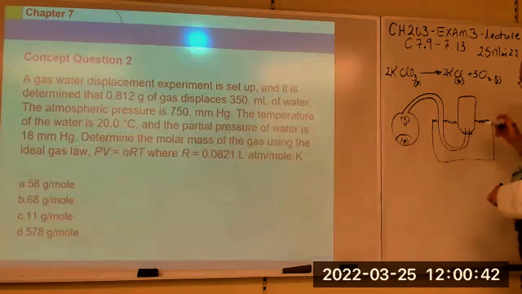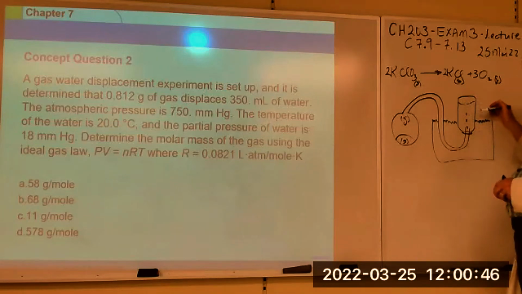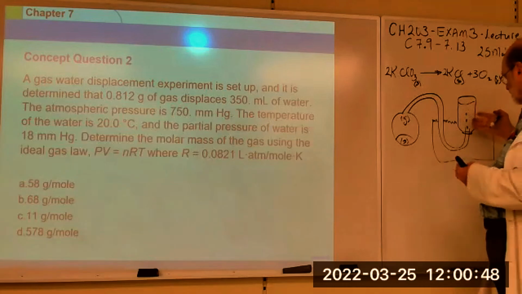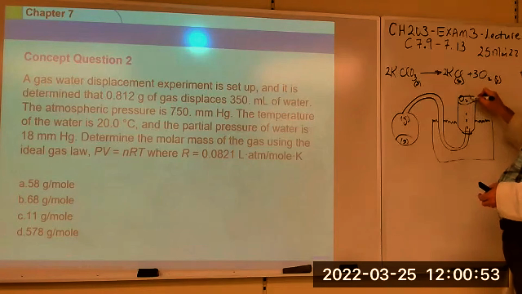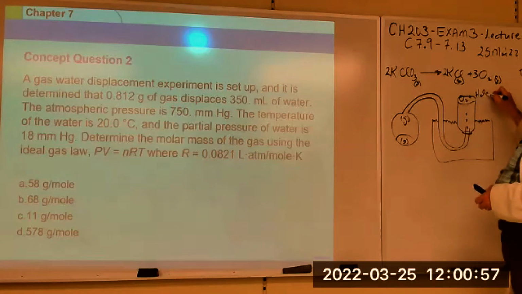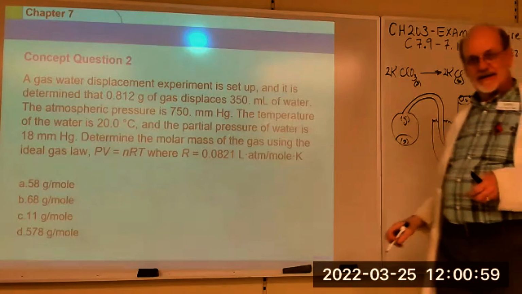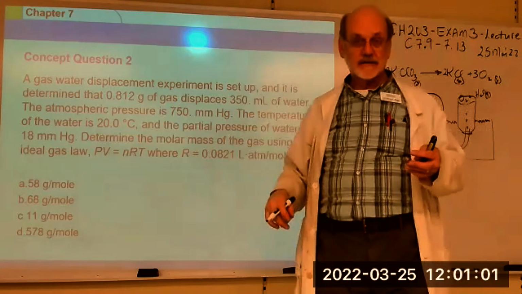So as the bubbles form in here, they collect at the top and displace the water. So now you've got oxygen up here, plus what? Water vapor. How are you going to deal with that?